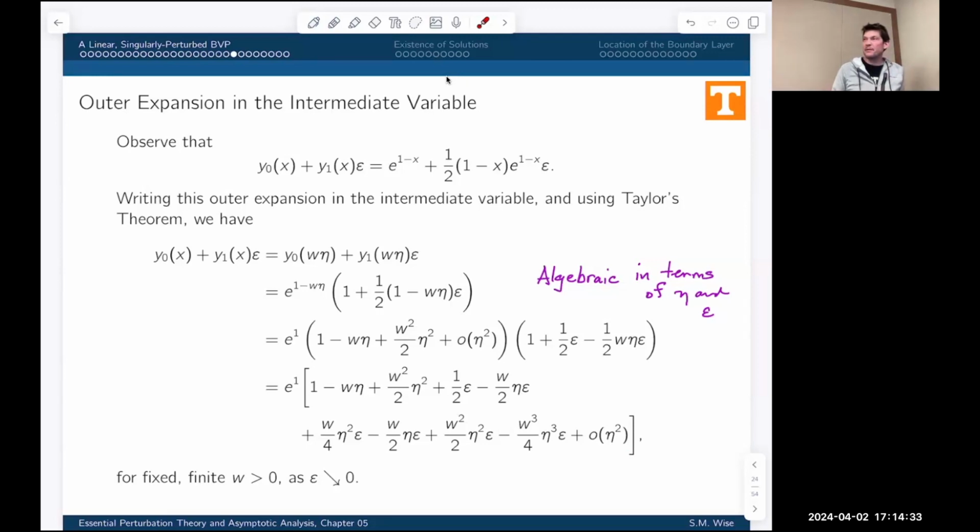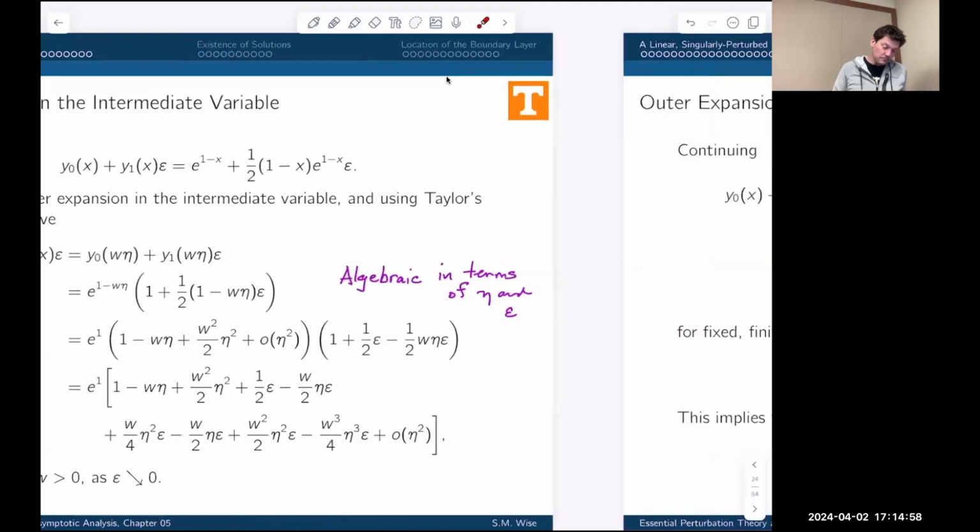I've basically kept every term. Now, what I did say, though, was when I multiply this term times that, I'm just going to collect that as an order eta squared. When I multiply this times that, that's still going to be little o of eta squared. And same with this one. When I multiply this times that term, it's still going to be little o of eta squared. So if you don't know why that's true, just remind yourself what it means from the definition.